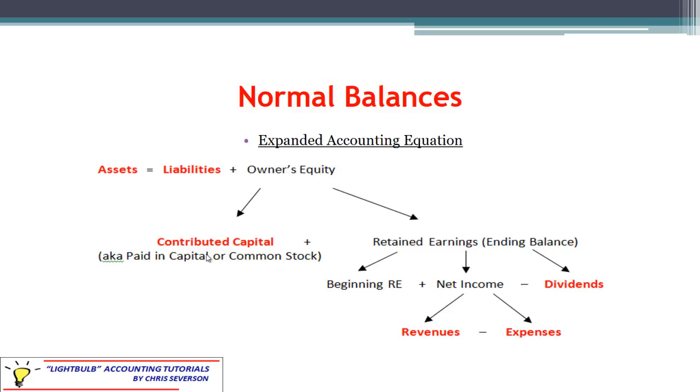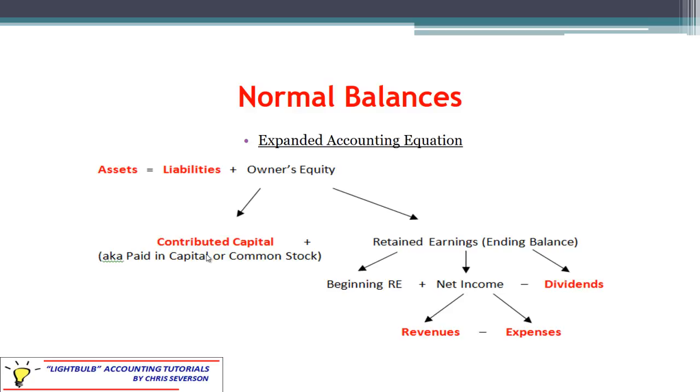It's what they paid when they first bought the stock. It's not talking about any changes in the stock value over time. Instead, it's just talking about the initial contribution. Sometimes this is referred to as paid-in capital or common stock, but we also have other types of stock that would fall under here. This comes up in later discussions. So we have contributed capital.